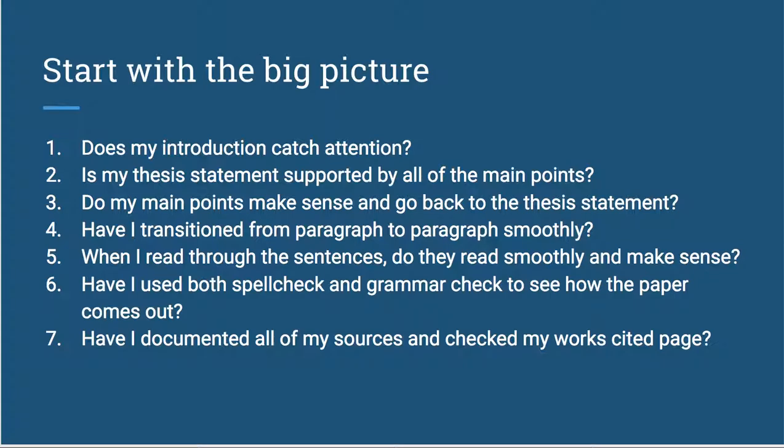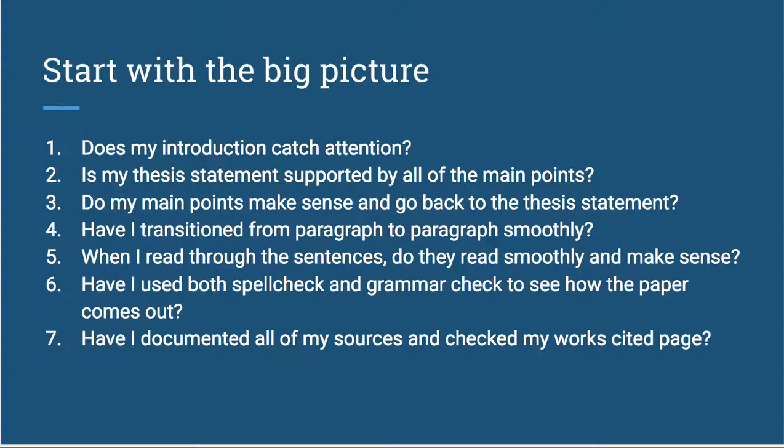Did you really support it with your main points? Or is it possible that you really are talking about a different topic? This is something you want to catch. You don't want me to catch this because it really could mess up your whole paper, right?